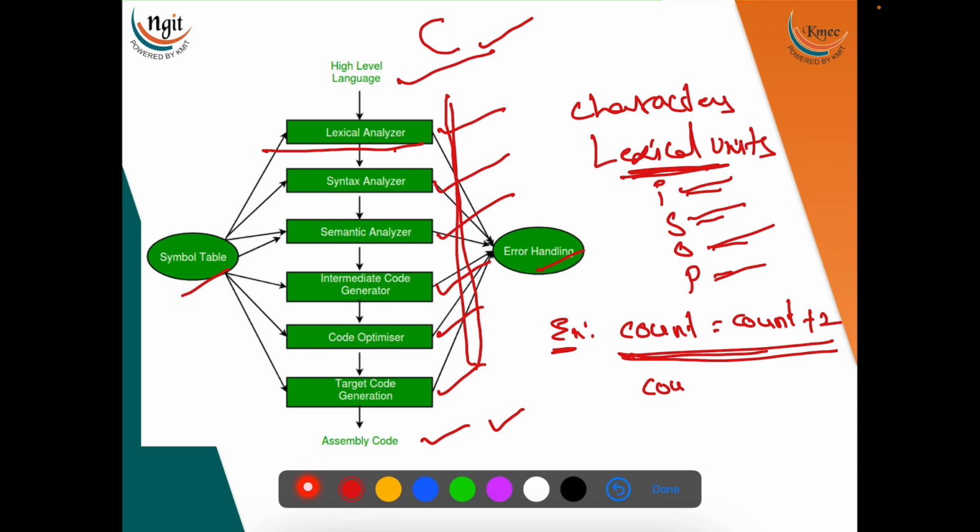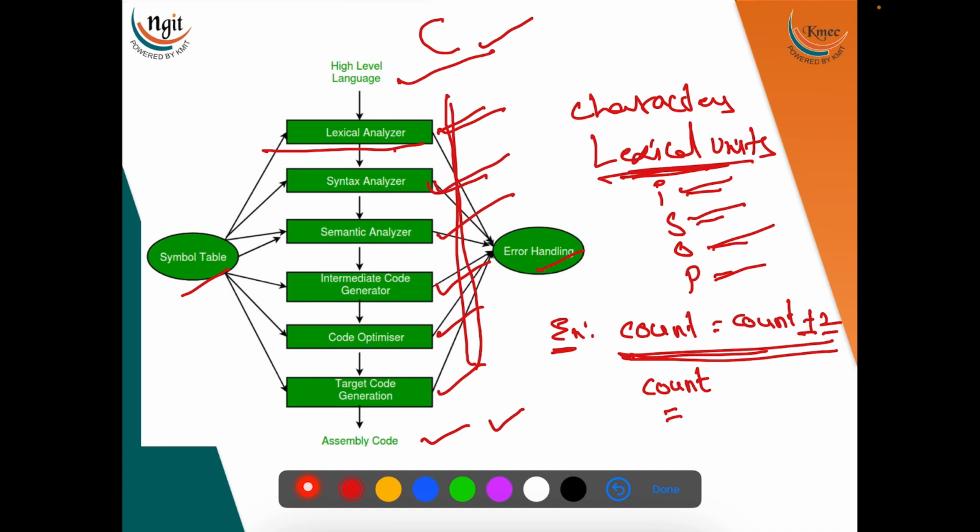Now count is treated as one lexeme, and equal to is treated as assignment operator, which is a token. Plus is a token, 2 is a lexeme. In that way, it will separate all the instruction into lexemes or lexical units. Once you cross this phase, you will be having several lexical units or tokens with the compiler.